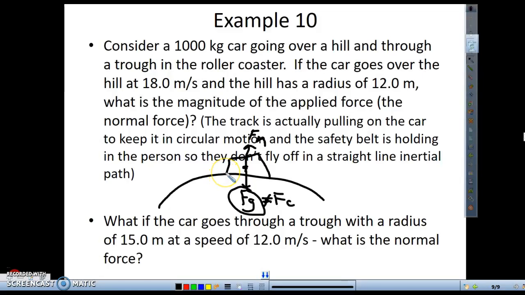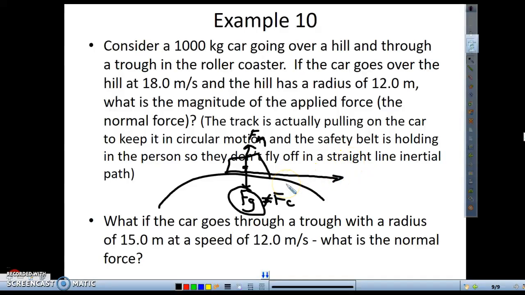You've seen this, I'm sure, in movies and stuff, ATV. You're going to go flying, right? You're going to lose contact with the ground. The F sub g was not enough to keep it in centripetal motion. F sub g would equal F sub c if you're going to stay in contact with the ground. But if there's no contact with the ground, I think there's a homework problem about this too. If there's no contact with the ground, you go flying.